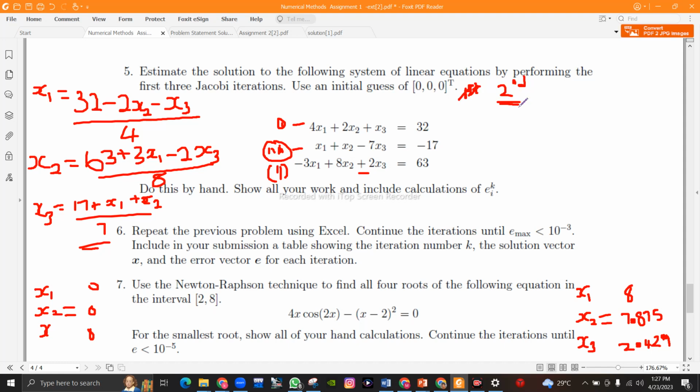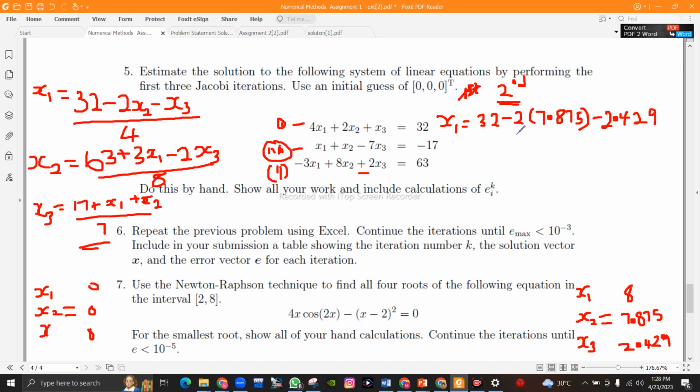For the second iteration, we'll go back to our x1, x2, and x3 again. Let's find x1. x1 is equals to 32 minus 2 times x2. What's our x2? The new one I want to use, that's 7.875. Then minus x3. What's our x3? 2.429.